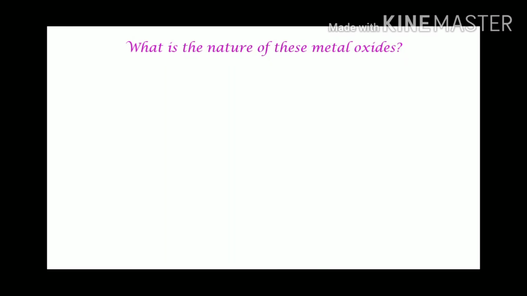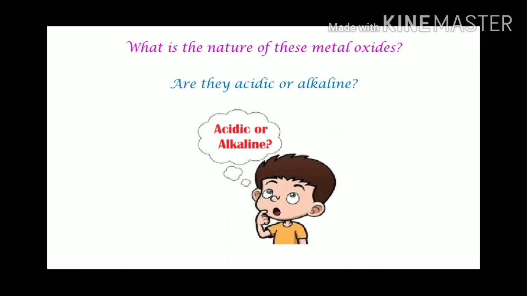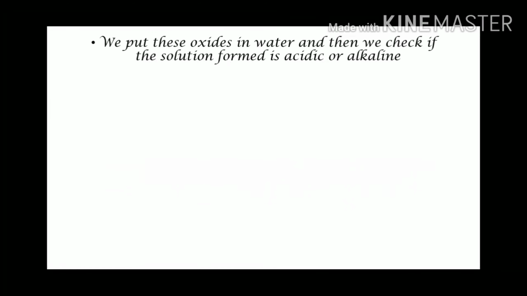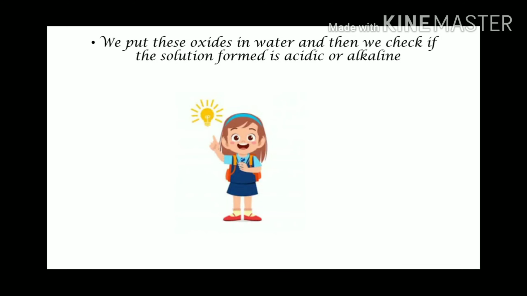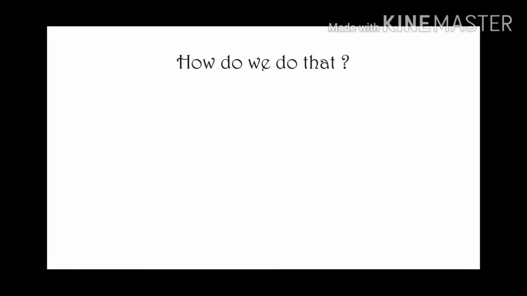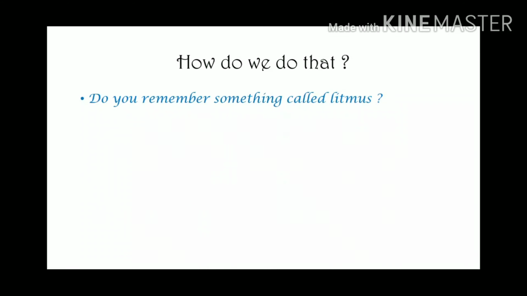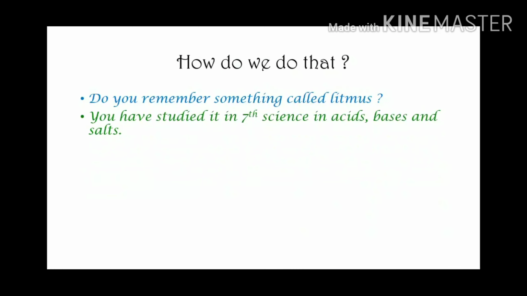What is the nature of these metal oxides? Are they acidic or alkaline? We put these oxides in water and then we check if the solution formed is acidic or alkaline. Now, how do we do that? Do you remember something called litmus? You have studied it in 7th science in acids, bases and salts.